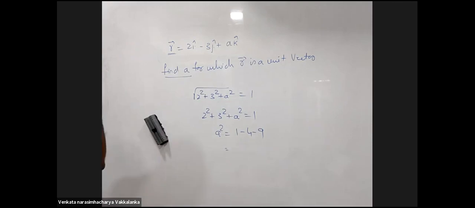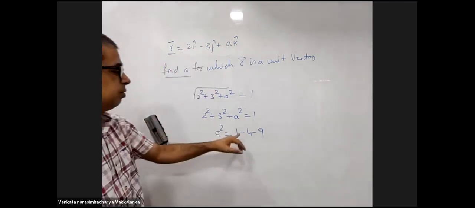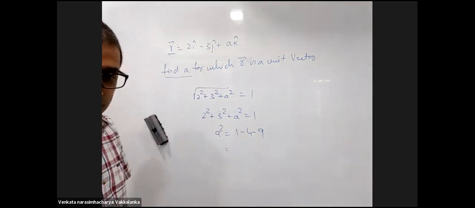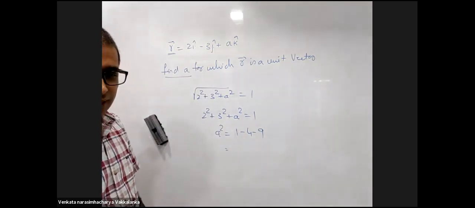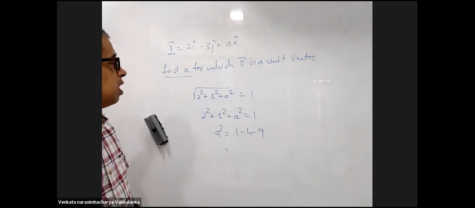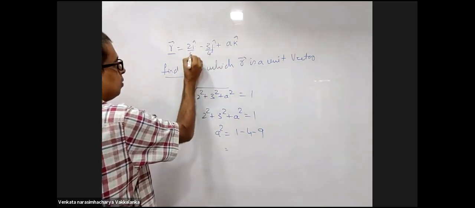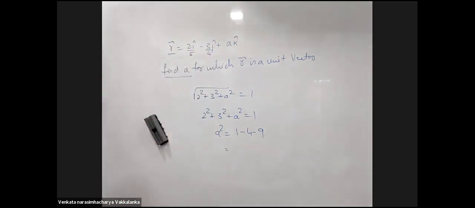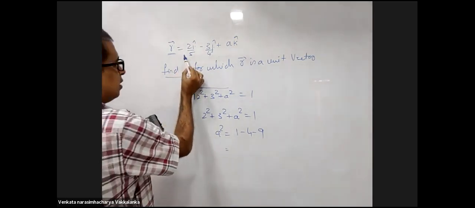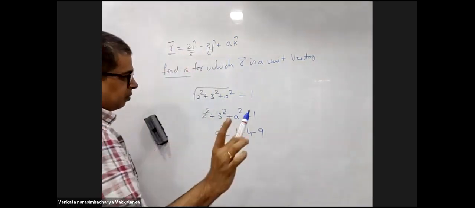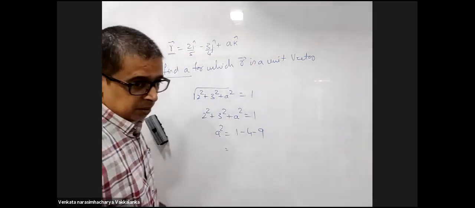I should have given some convenient numbers. I gave a wrong number because of which I'm getting an imaginary answer. Now I will have to adjust this number, but bottom line, did you understand the problem?